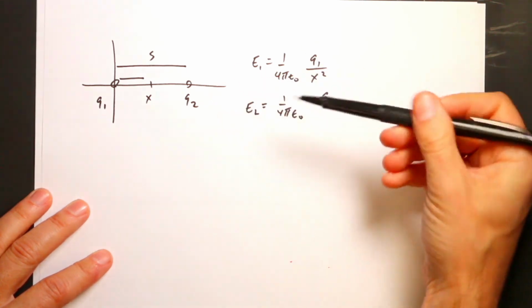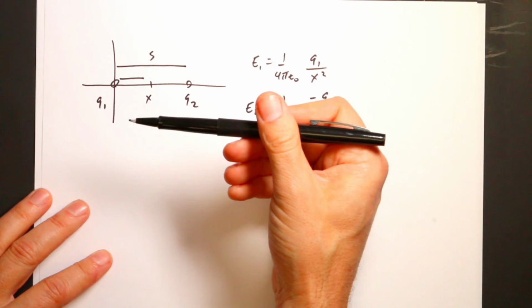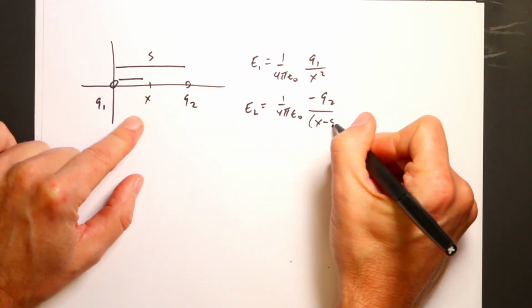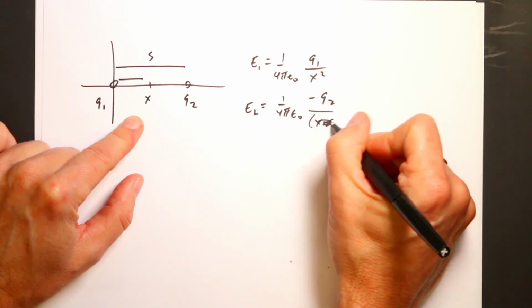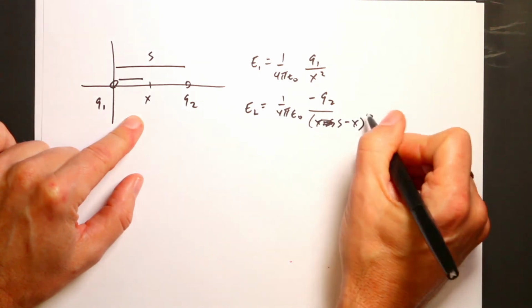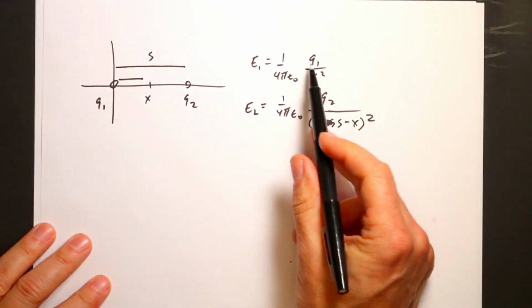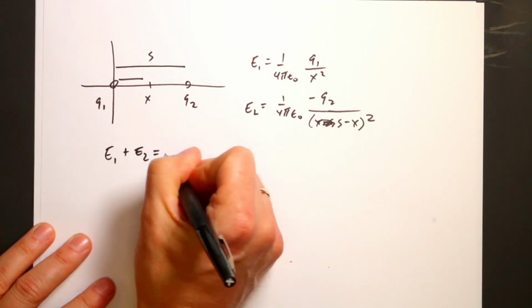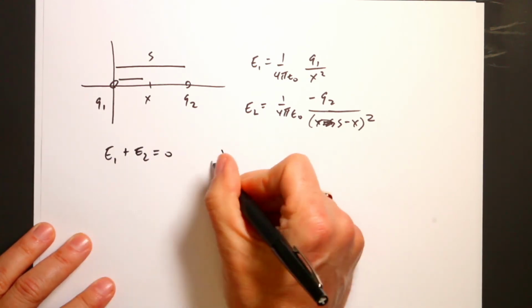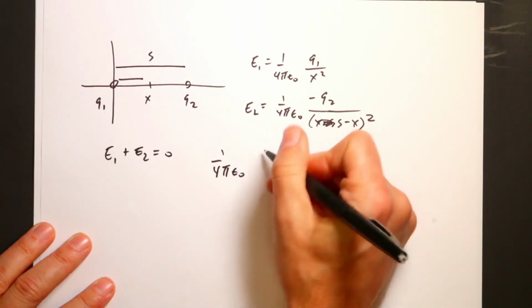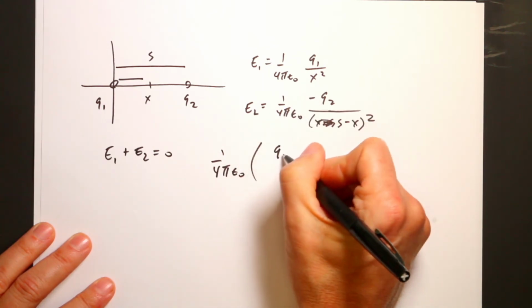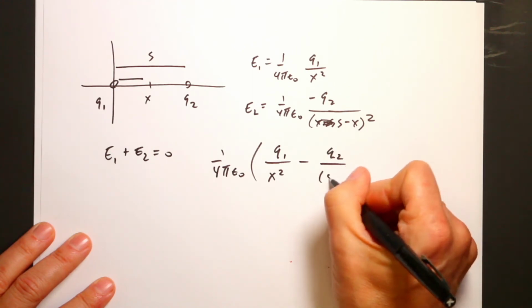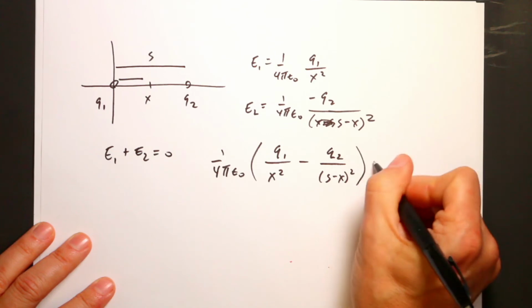Because this is the x component, it's in the negative electric x direction. And then this distance is going to be s minus x, squared. And then these two have to add up to 0. So E1 plus E2 equals 0. So I get 1 over 4 pi epsilon naught times Q1 over x squared minus Q2 over quantity s minus x squared equals 0.